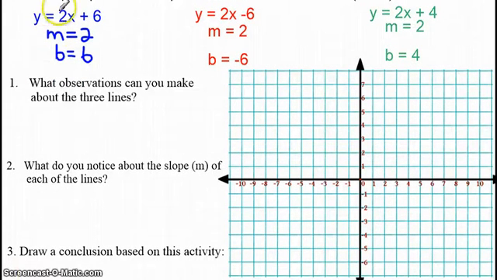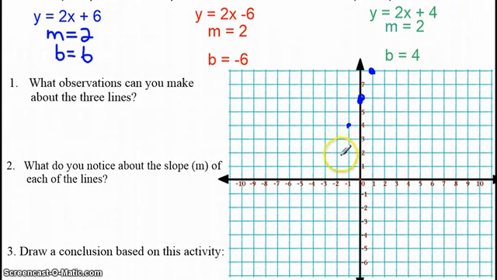Okay, so for this first equation right here, y equals 2x plus 6. My y-intercept is 6, so I'm going to start at 6 on my y-axis. And the slope tells me it's a rise over run, so I'm going to go up 2 to the right 1. Since I cannot continue on going up that way, I'm going to start back here and go the opposite, down 2 over 1.